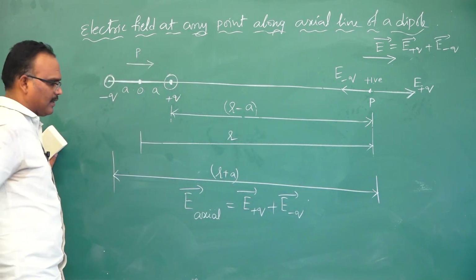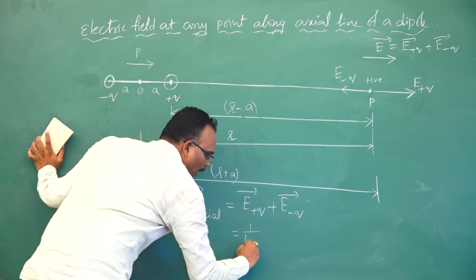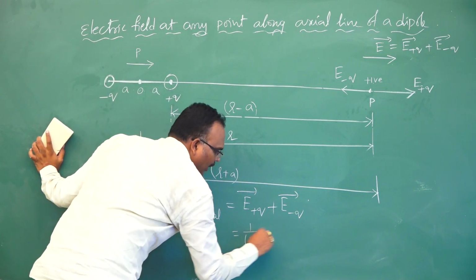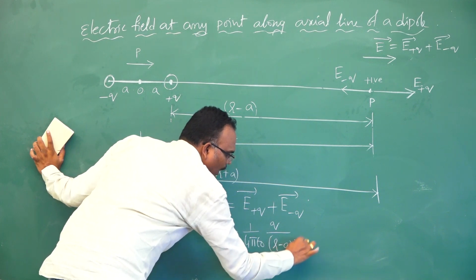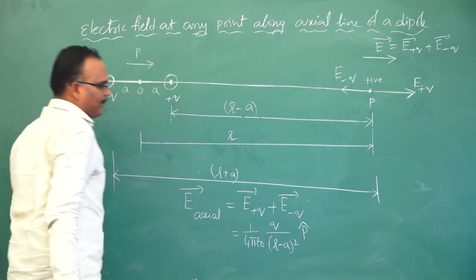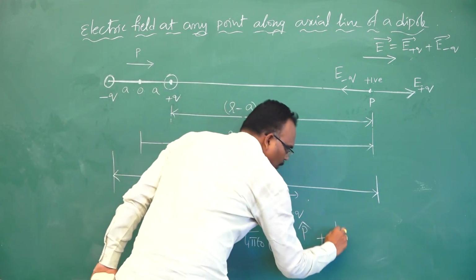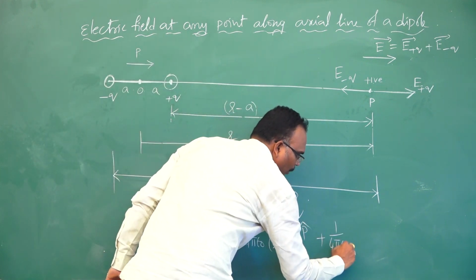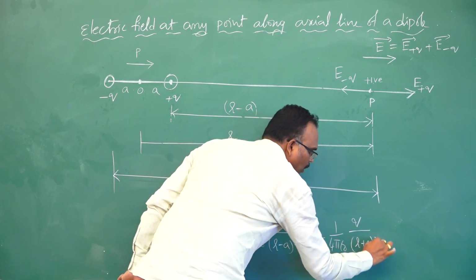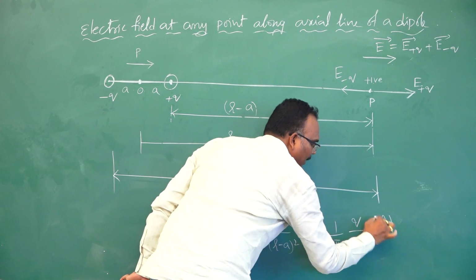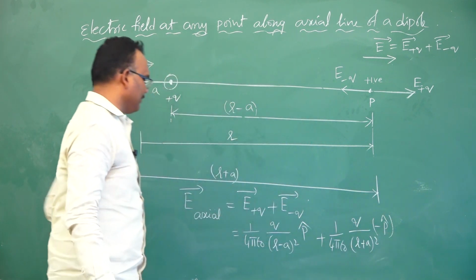This is vector addition. So I know electric field due to positive charge is 1 by 4 pi epsilon naught q by (r minus a) whole square into positive p cap, plus electric field due to negative charge is 1 by 4 pi epsilon naught q by (r plus a) whole square into negative p cap. Plus into minus is minus.